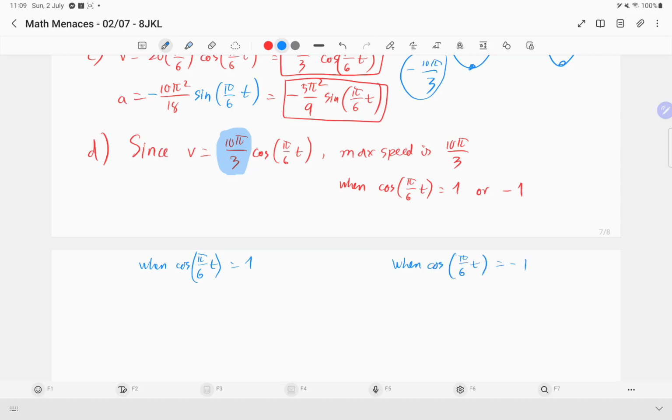So when it's positive 10 pi over 3, the times are 0, 12, 18, and 24. Should be. You can check the answer at the back.